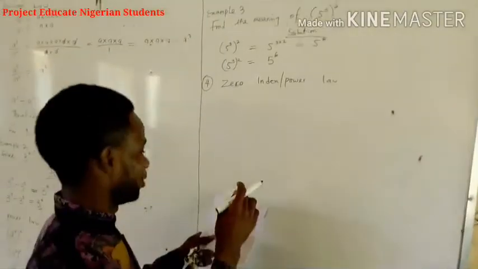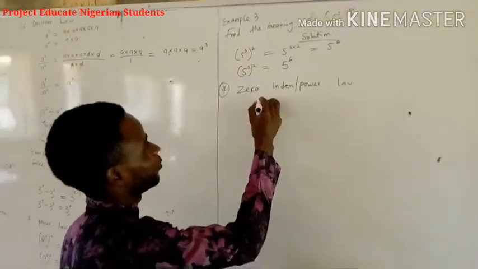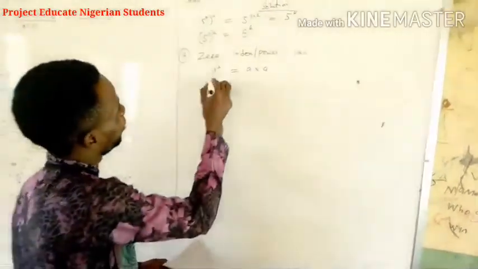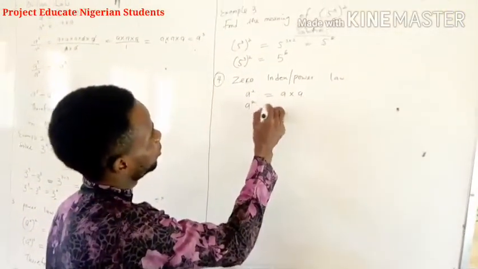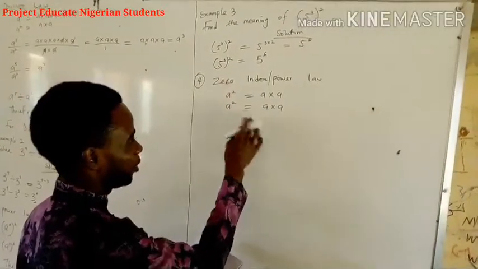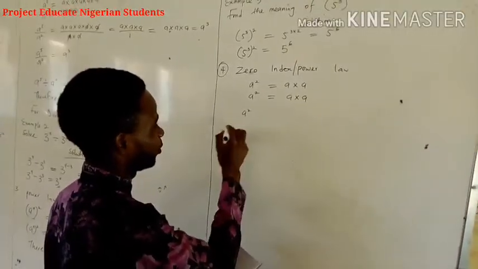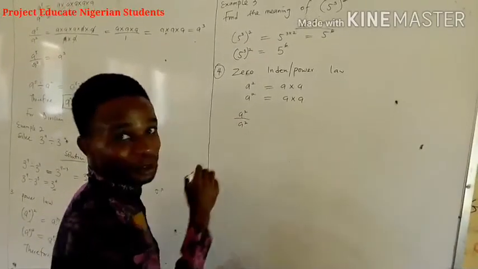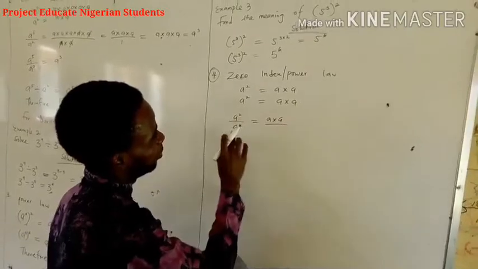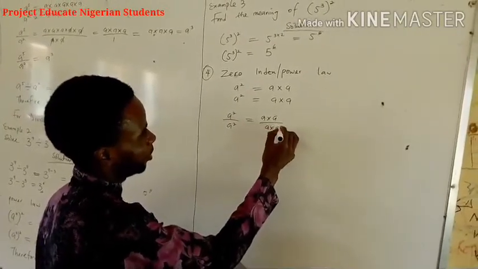Let's say we have a raised power 2 equals a times a, and here we have a raised power 2, this a times a, and let's assume that we are dividing this a raised power 2 all over a raised power 2. A raised power 2 here is a times a. A raised power 2 here is a times a as well.